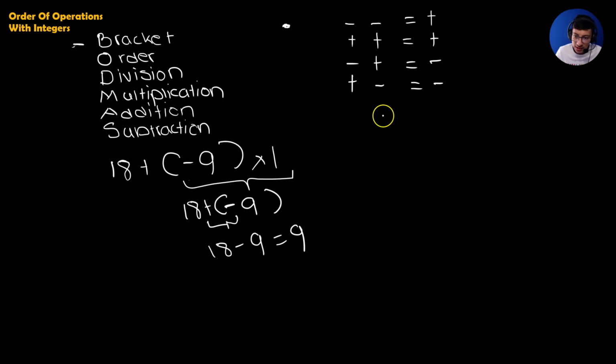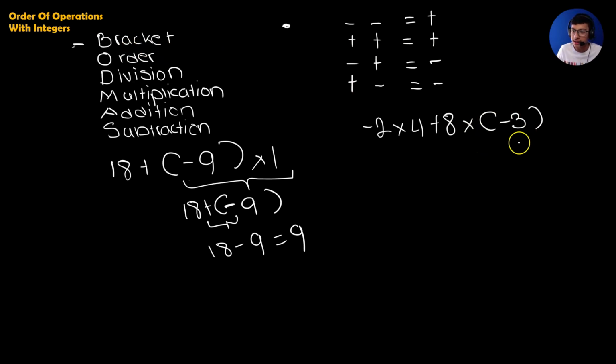Let's do another one. We have -2 times 4 plus 8 times -3. The first thing we do is check our list: brackets.